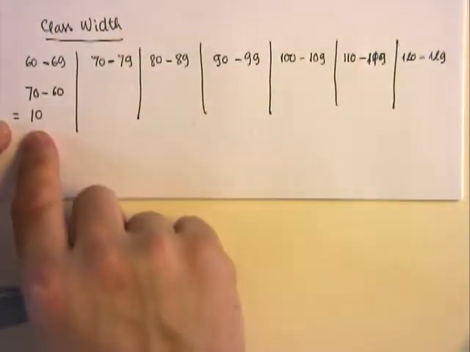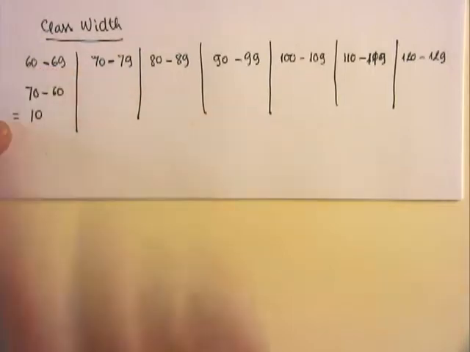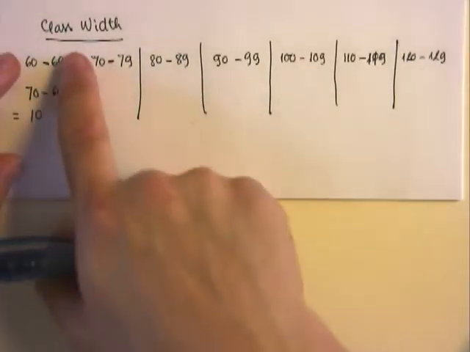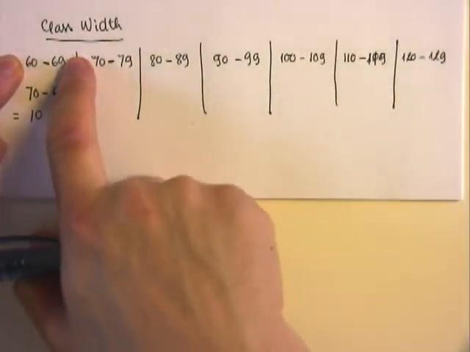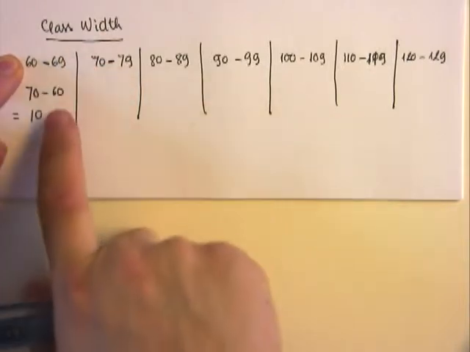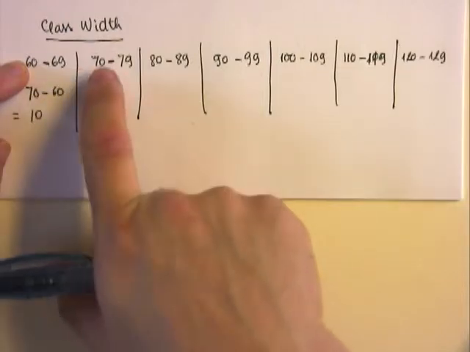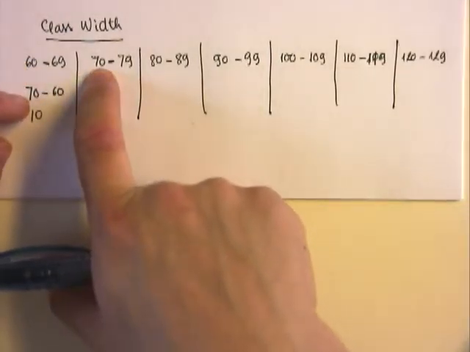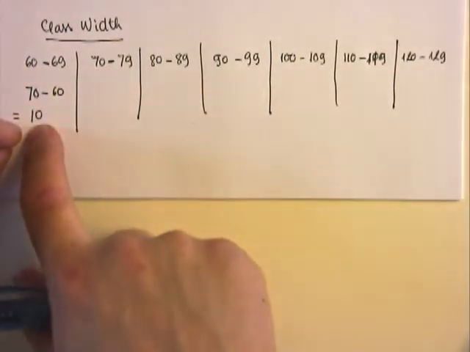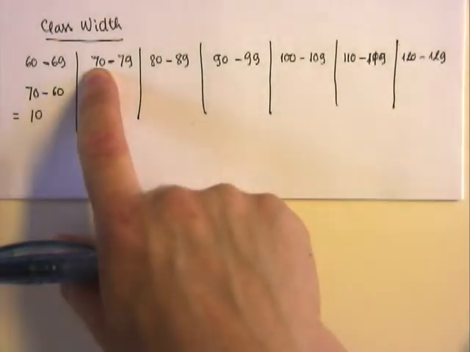So 10 is my class width for this particular class. Once again, let me repeat. To find the class width for a particular class, you subtract the lower limit of that class from the lower limit of the higher class, and that gives you the class width. The higher class means the one right above it.